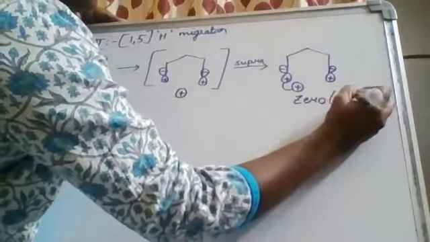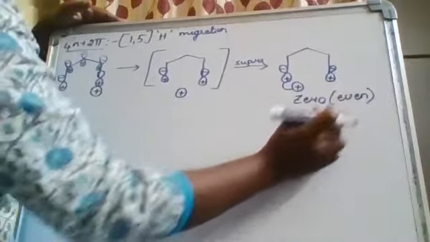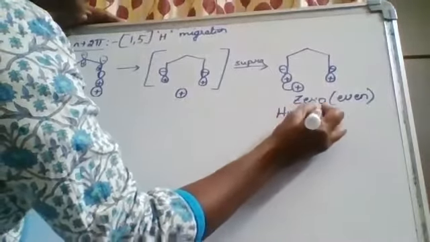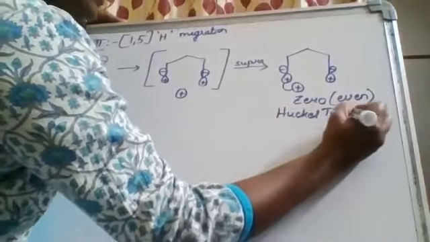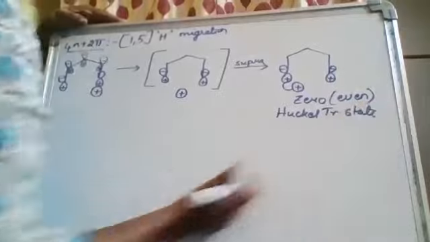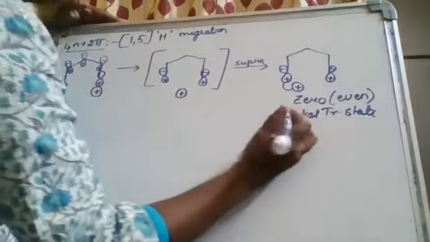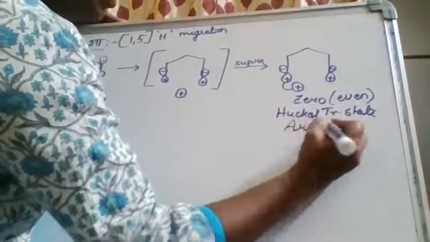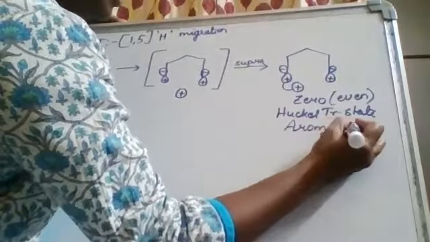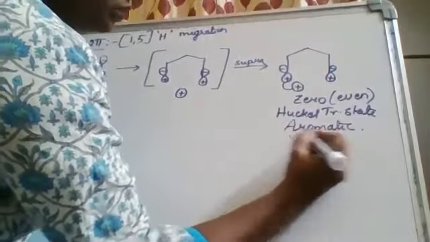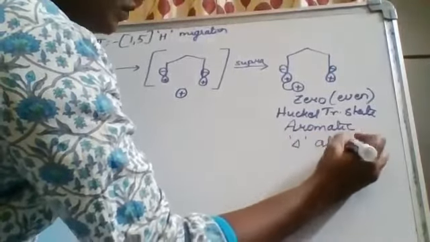Zero nodes are nothing but an even number of nodes. Since it is even, it belongs to a Huckel transition state. As the molecule belongs to a 4n plus 2 pi system, Huckel transition state is considered to be aromatic. Now, as it is aromatic, it is considered to be thermally allowed.